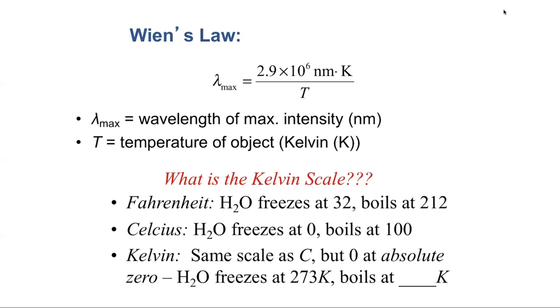Okay, the temperature has to be given in a particular unit though, and that is kelvins. If you're not familiar with kelvins, let's take a brief step back and talk about temperature scales. We're familiar in the US at least with the Fahrenheit scale. The Fahrenheit scale is defined such that water freezes at 32 degrees and boils at 212 degrees.